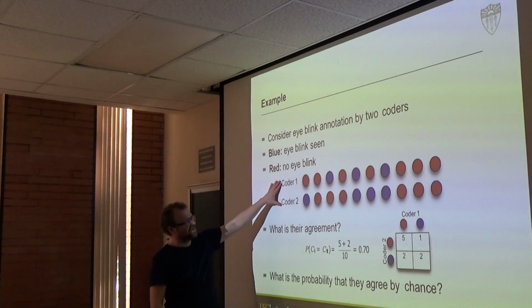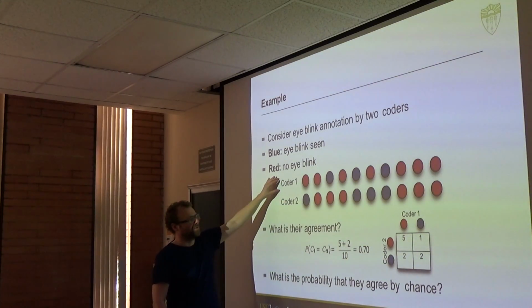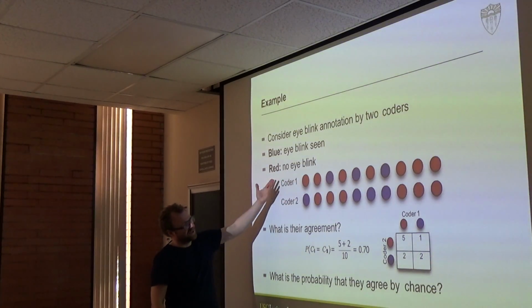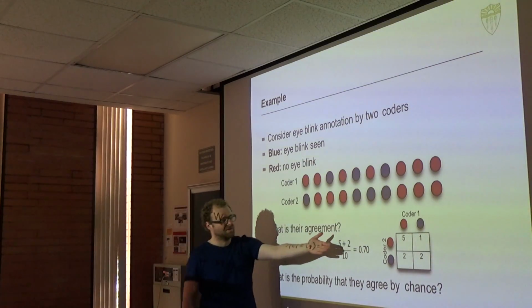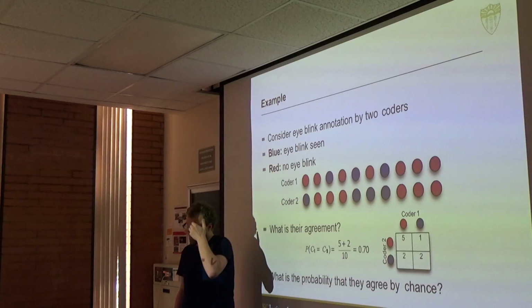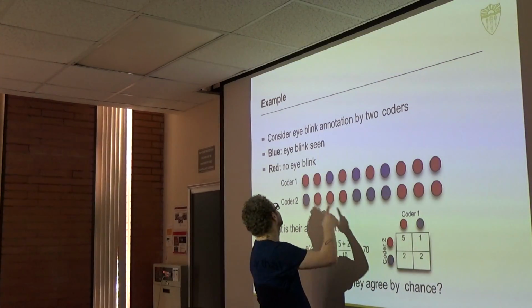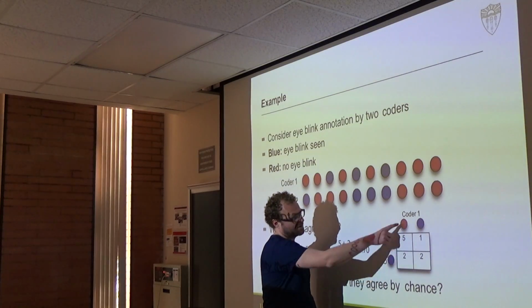But you can use those two coder assessments as your predictions, and basically produce a confusion matrix where you can now see that most of the time when there is no eye blink, they agree.